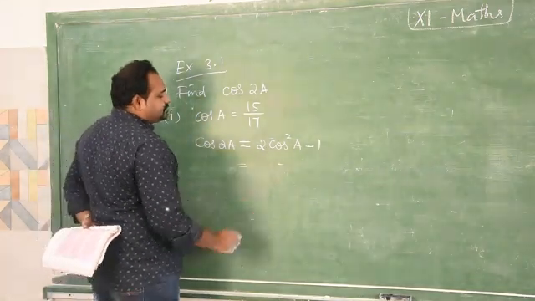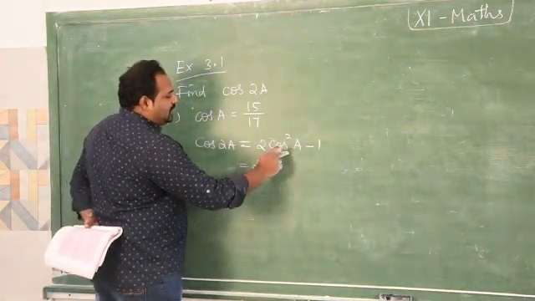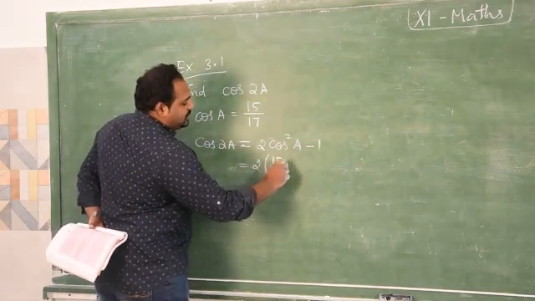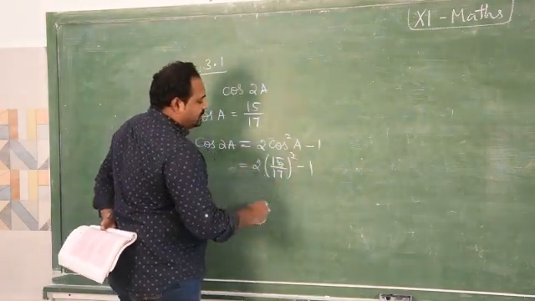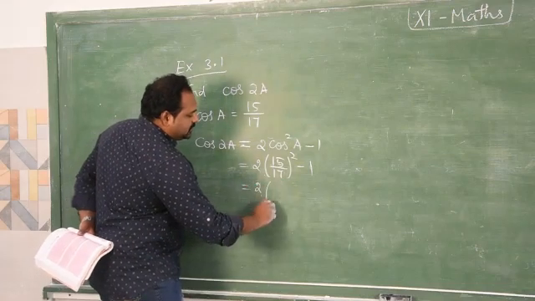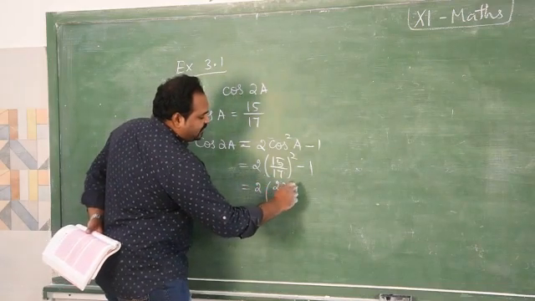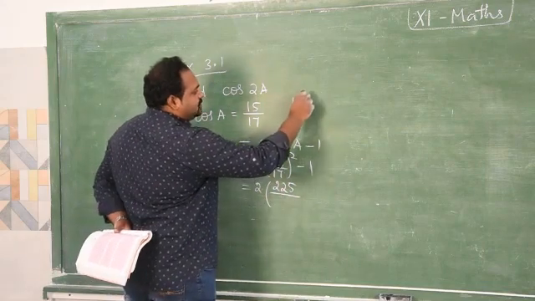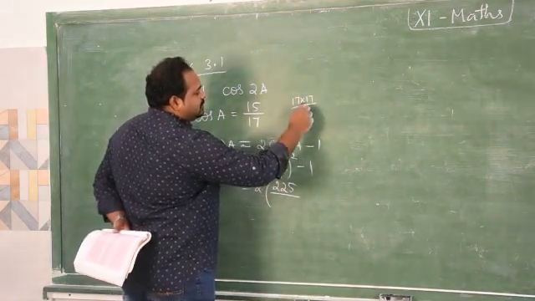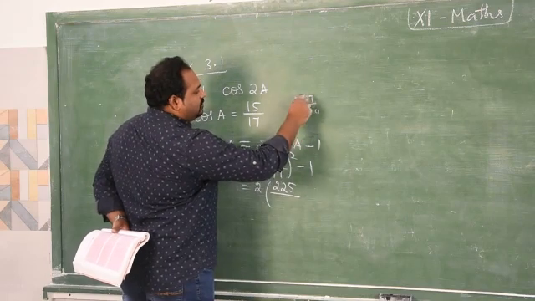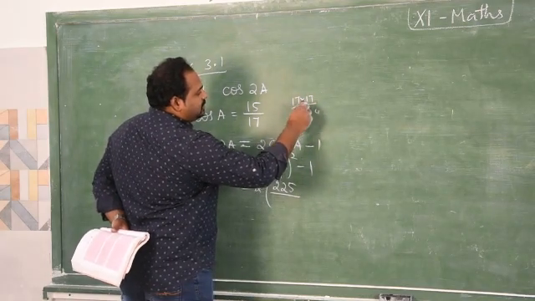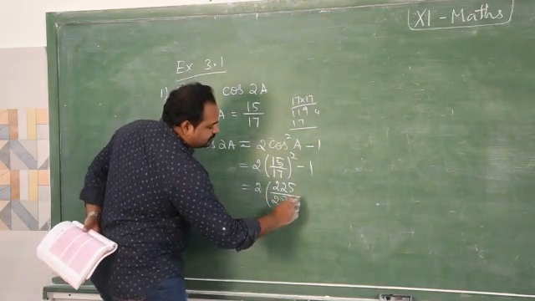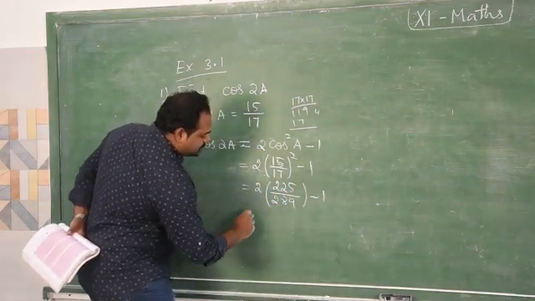Okay, now 2 into cos square A. Cos A is 15 by 17. It is squared, so 2 into 225 over 17 into 17, which is 289, minus 1.